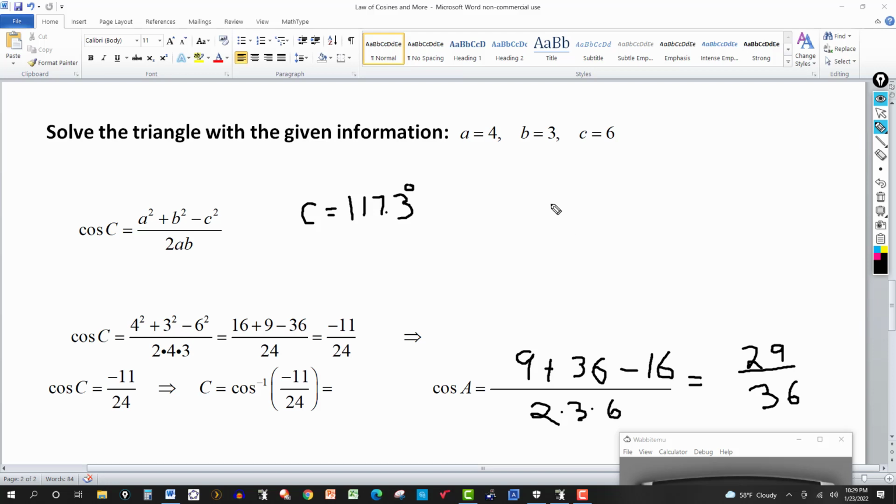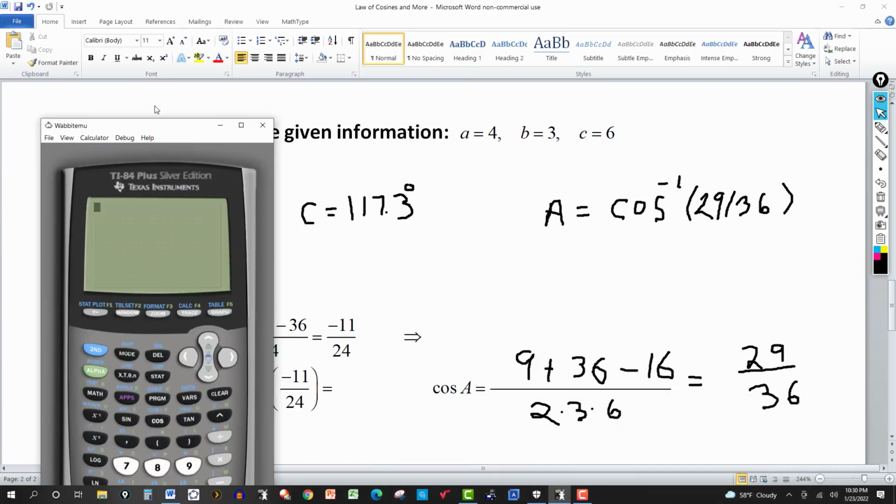So then, in the same way, A should equal, taking the cosine inverse of both sides, cosine inverse of 29 over 36. Let's take the calculator over here.